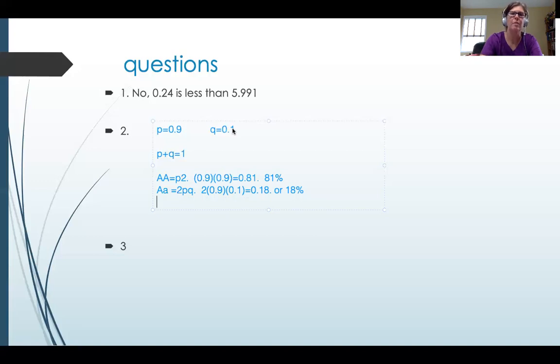That would be little a, little a, which is the same as Q squared. So that's going to be 0.1 times 0.1, which equals 0.01, or 1%. And if I notice, my 81 plus 18 plus 1 gives me 100%. Everybody's been accounted for. So that is how I would figure out this problem.